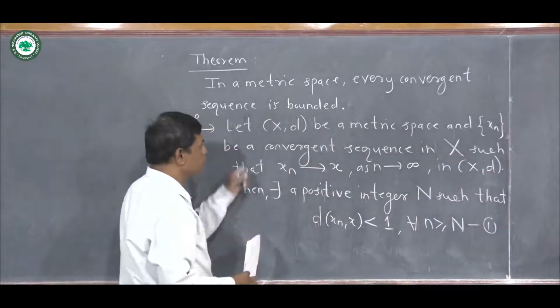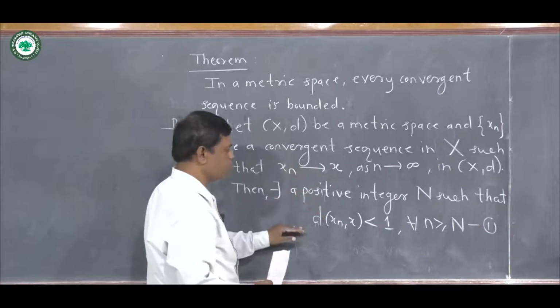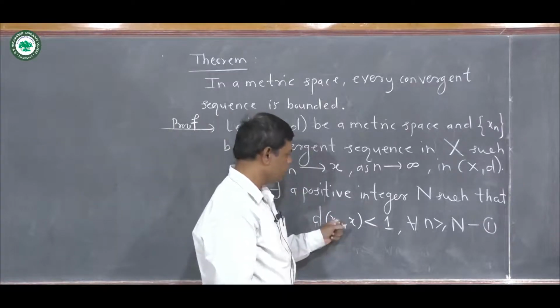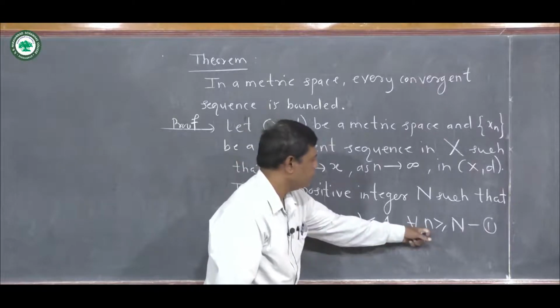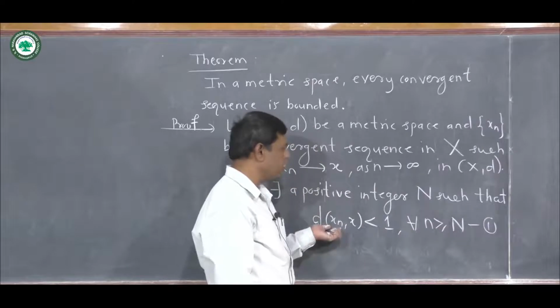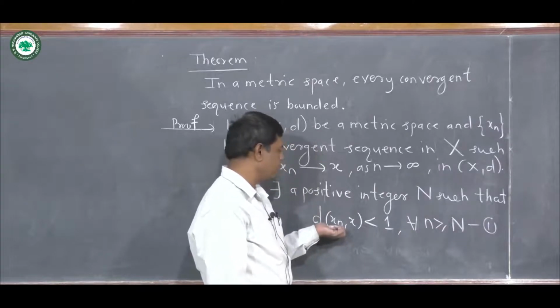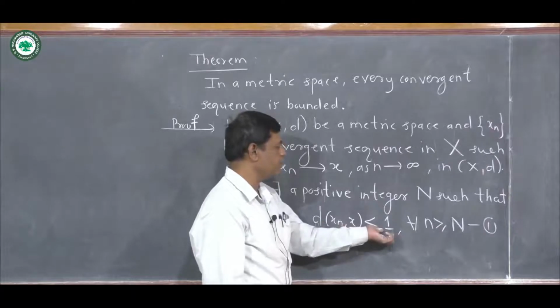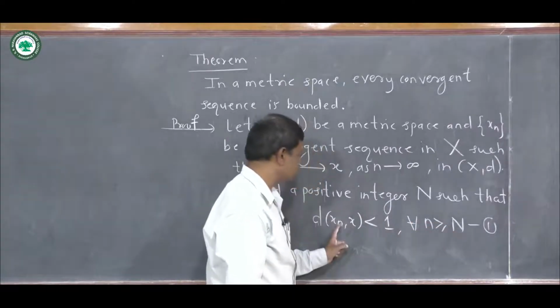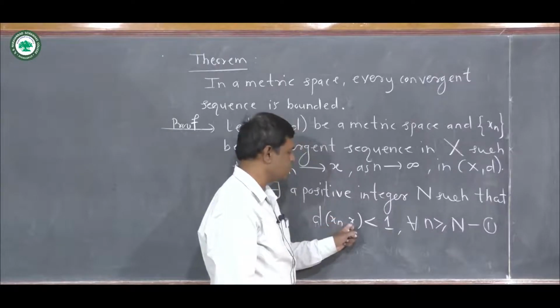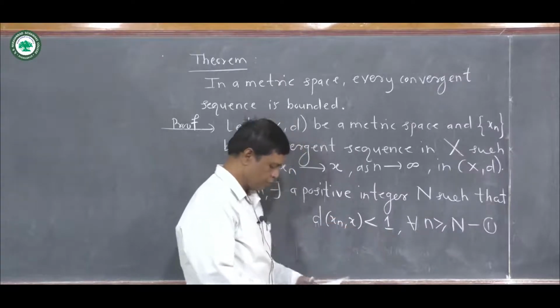Since we want to show that this sequence is bounded, this is for all the terms when small n is greater than or equal to N. When small n is equal to capital N, the distance between xn and x is less than 1. When small n is equal to N plus 1, the distance between x suffix N plus 1 and x is less than 1.